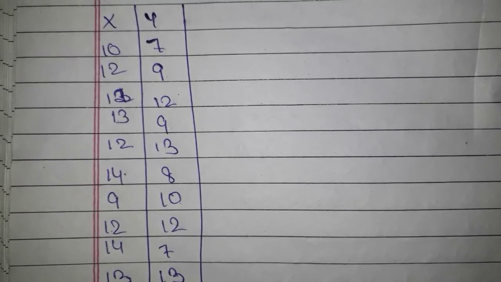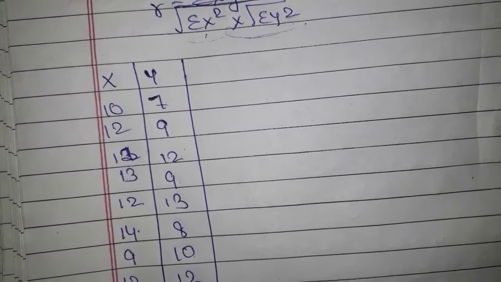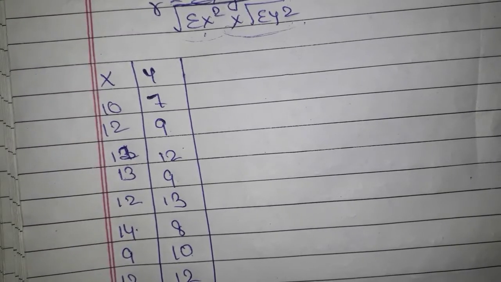Now what we are going to do is, first of all we have to calculate the deviation of x and the deviation of y. For calculating that deviation, we have to first calculate the mean of x and mean of y. And how do we calculate the mean? As you all know, sigma x by n.